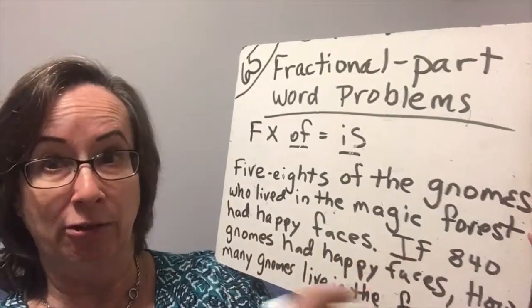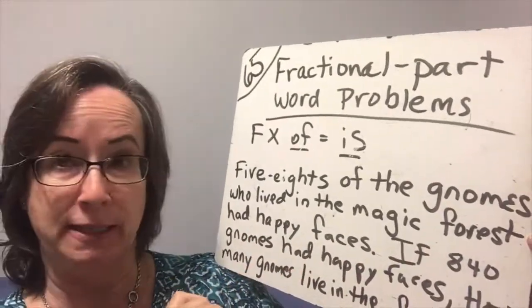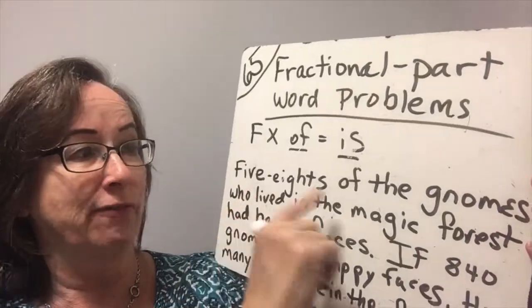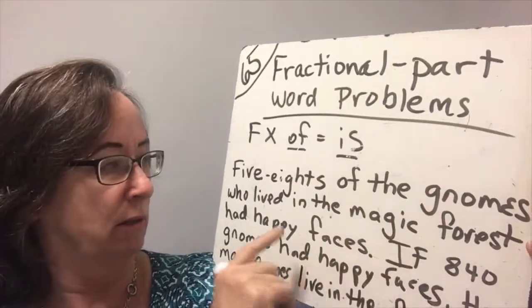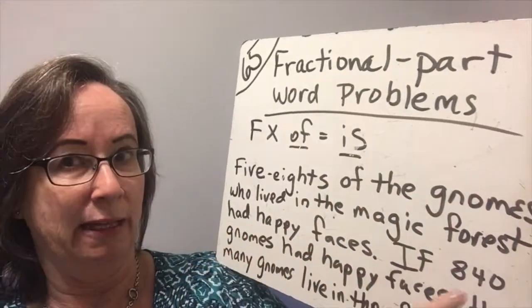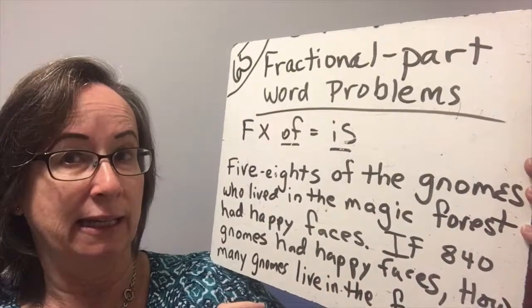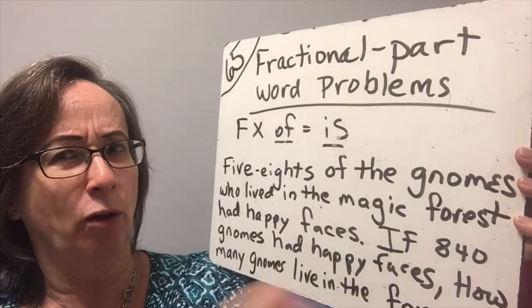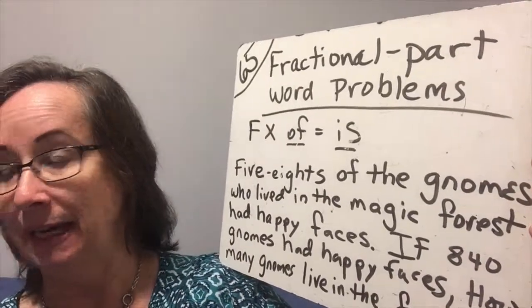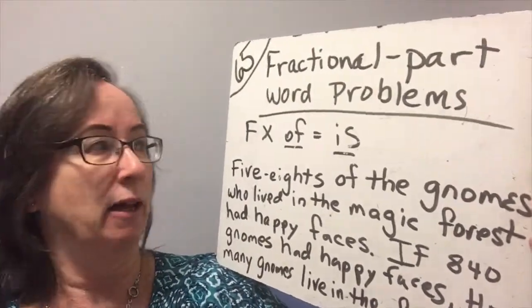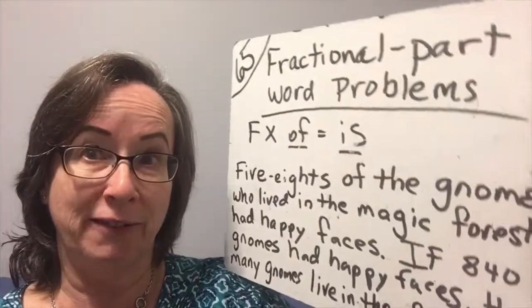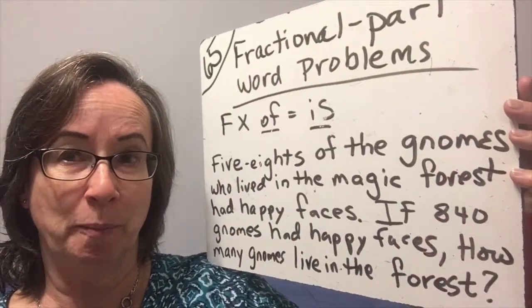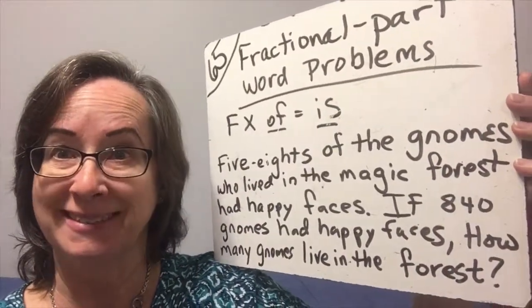And then 840 had happy faces. So wouldn't we say that 5/8 of the total would be 840? Because 840 had happy faces. So you really could have done the whole problem and set it up exactly the same way without the equation. But if the equation makes it easier for you, please use the equation.